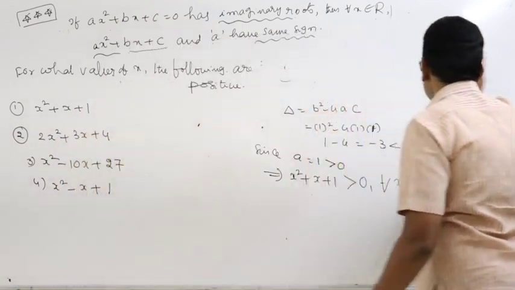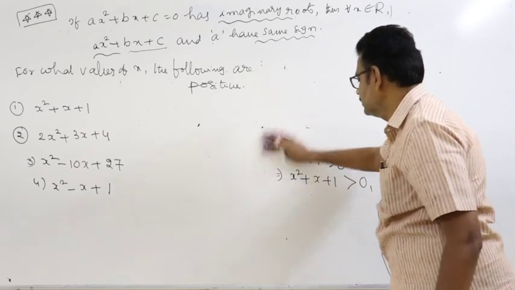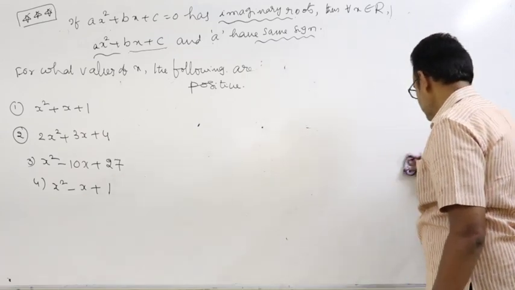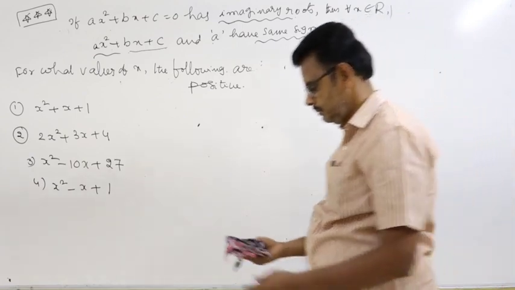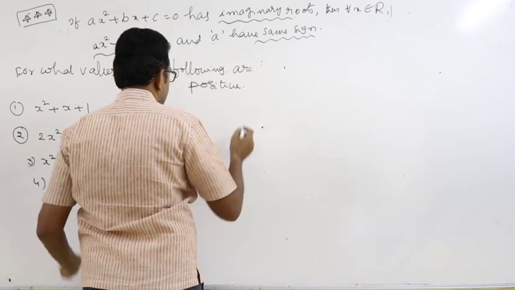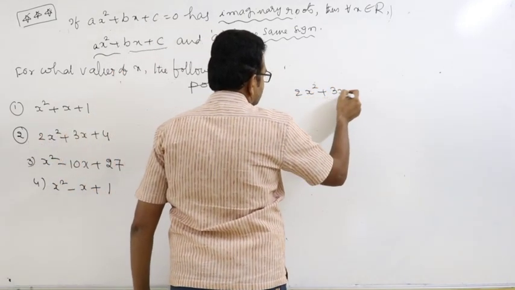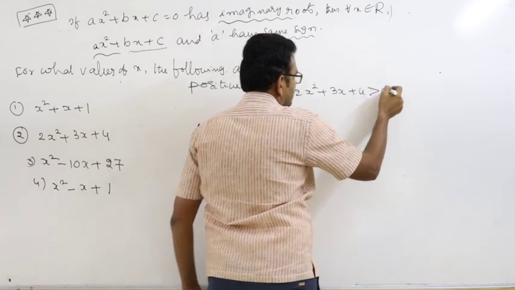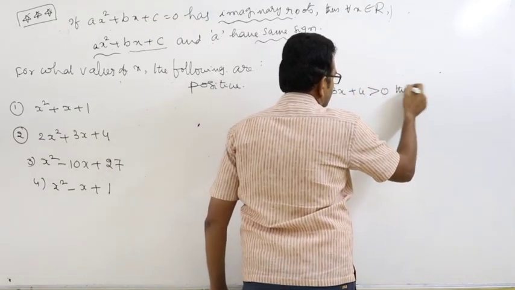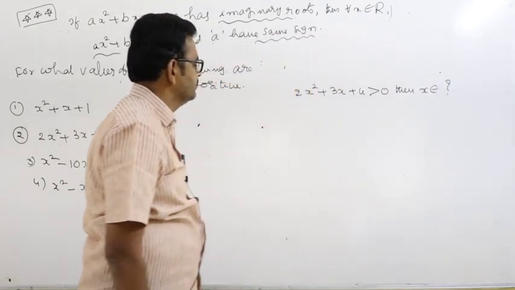See the second question. 2x square plus 3x plus 4 is greater than 0, then x belongs to. This is the question: for what values of x is it positive?